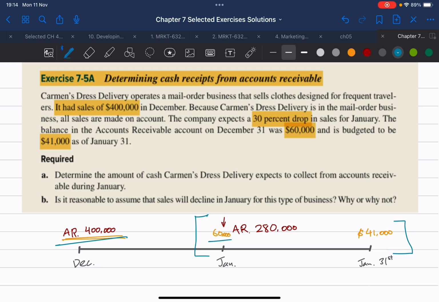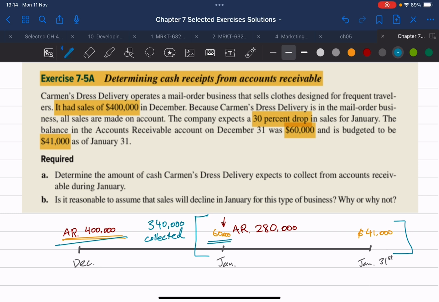We are only left with 60,000. So we're not going to worry about the difference here, which should be $340,000. This was collected already, so it's no longer going to appear on our accounts receivable balance.